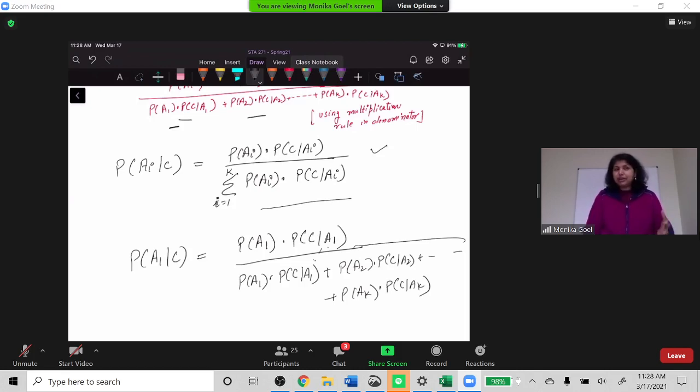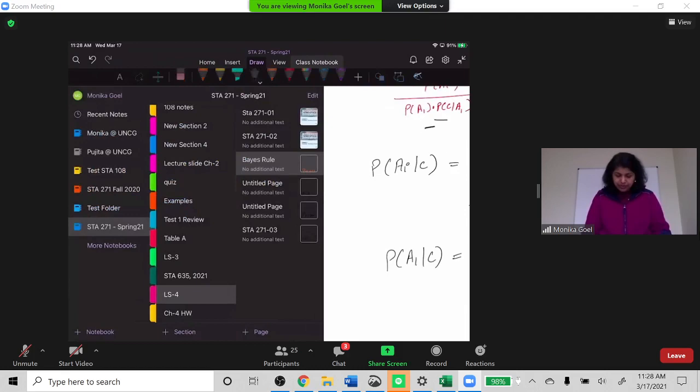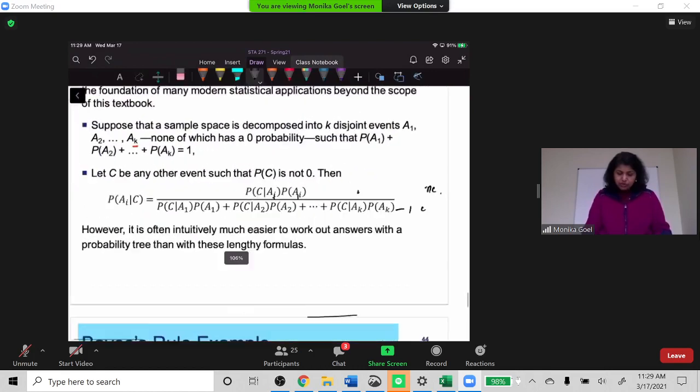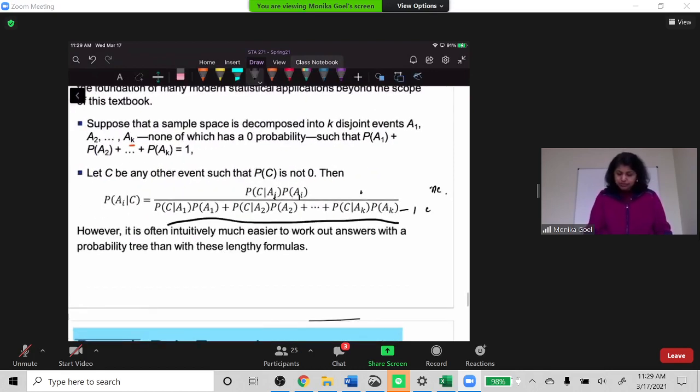And again, the formulas do not make sense until we plug some numbers into them and see how to apply that rule. So I'll go back and do the example from your slide. If anyone has any questions for me, just let me know. So this is what your Bayes rule says.